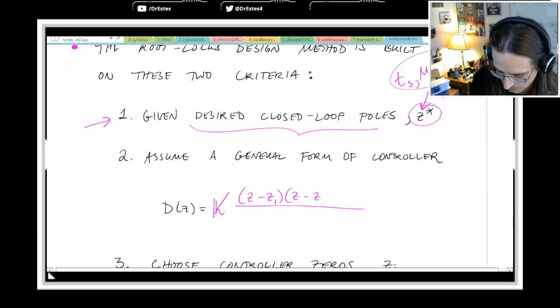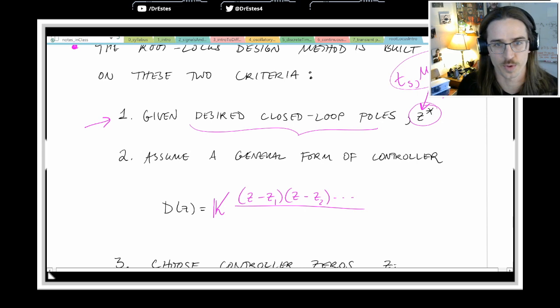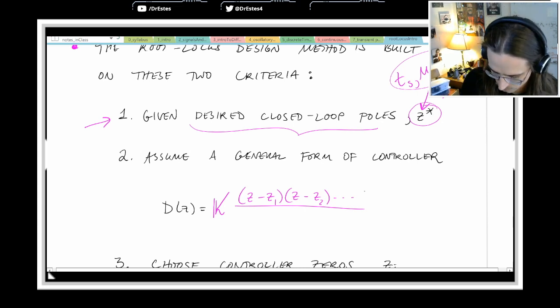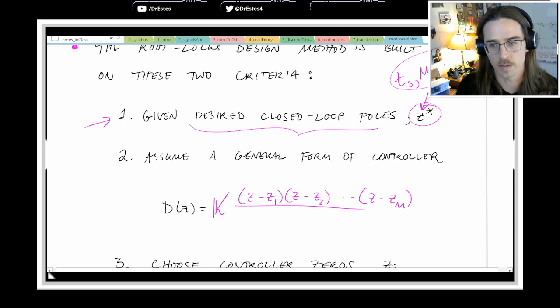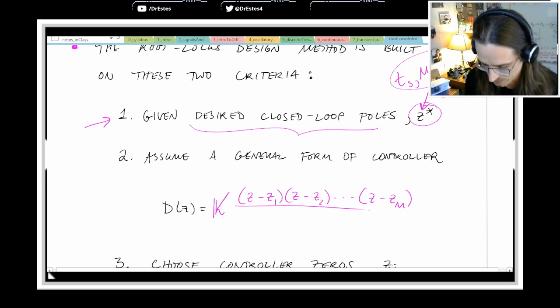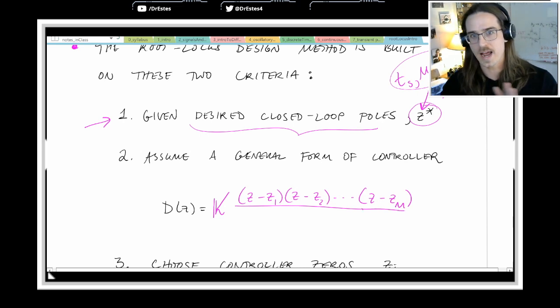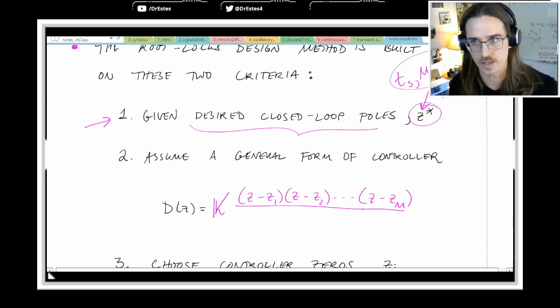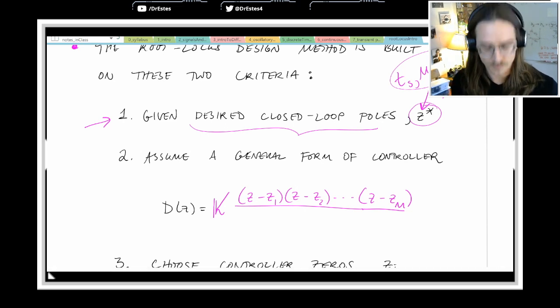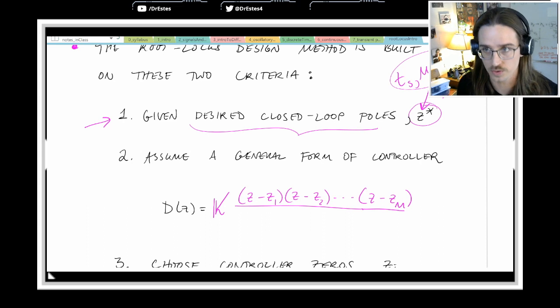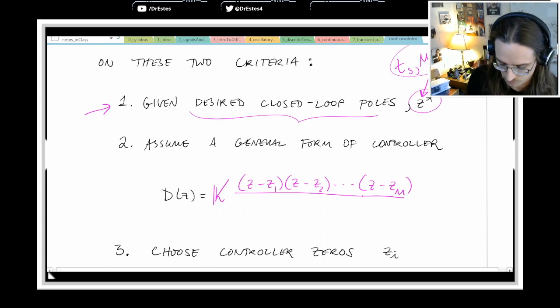Your controller might have a bunch of zeros. These are roots of the numerator. I'm just going to go up to Z_M, I guess. It doesn't mean that your controller always has this many zeros. We want to make our controllers as simple as possible, but this is just the general form.